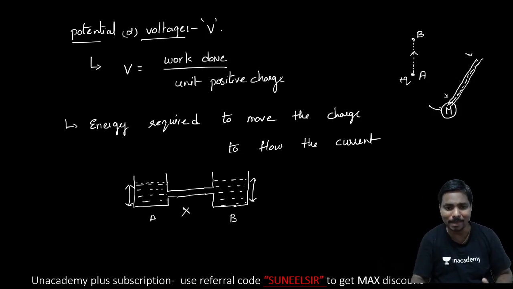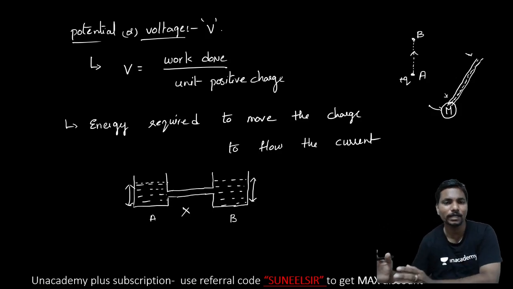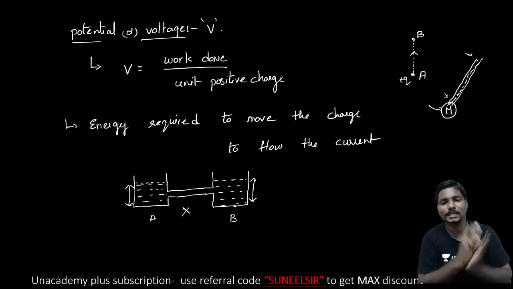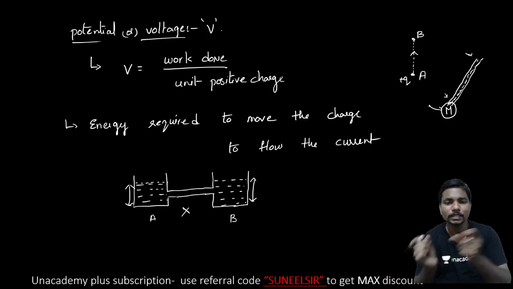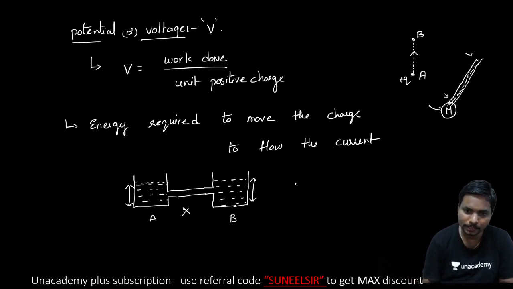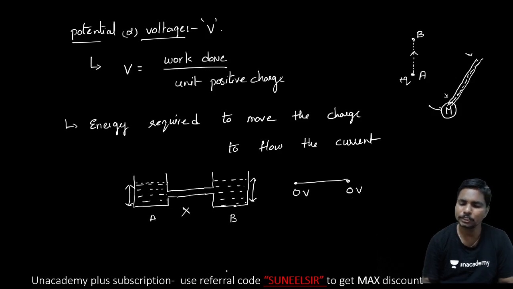In the same manner, if there is no potential difference, then there is no current flow. For example, here we have zero potential, here also zero potential, and zero potential. There is no flow of current.